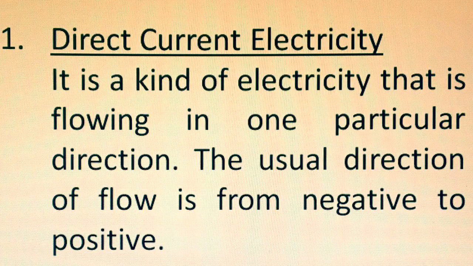By the way, what is direct current electricity? Direct current electricity is a kind of electricity that is flowing in one particular direction. The usual direction of this form of electricity is from negative to positive.